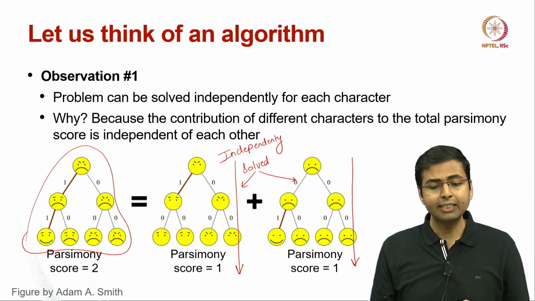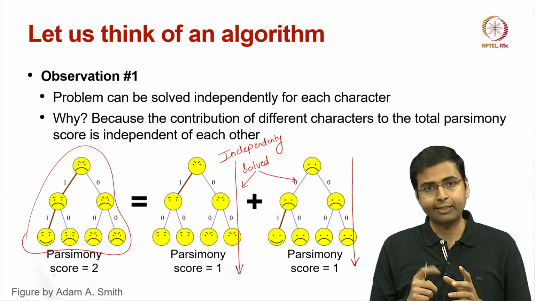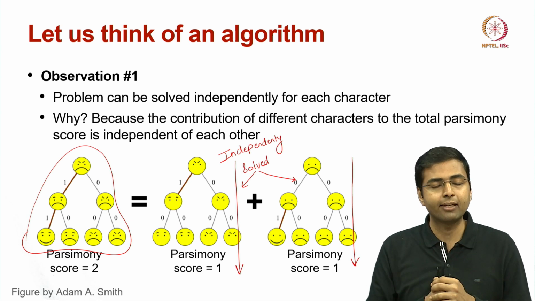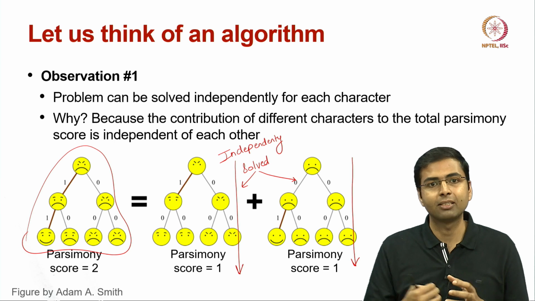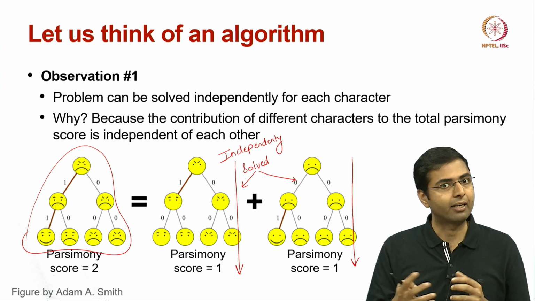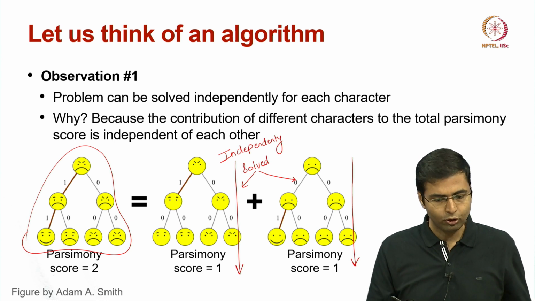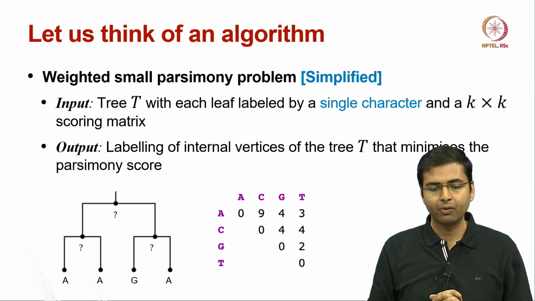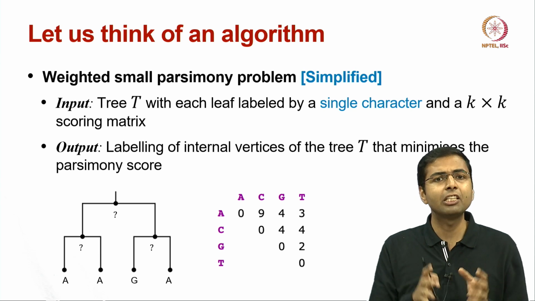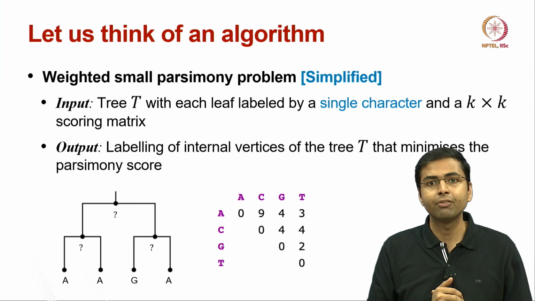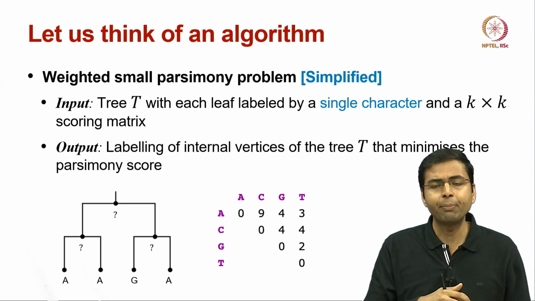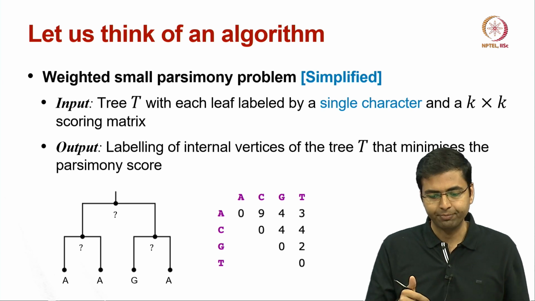So, what that means is that we have to solve the problem for only one character. If we can solve the problem for one character, we can repeat the algorithm multiple times for each character. So, that simplifies our problem. That is, now we can assume that we are given a tree that is labeled by a single character on each leaf and we are given a scoring matrix k cross k.